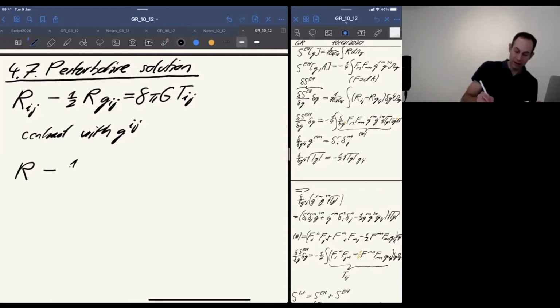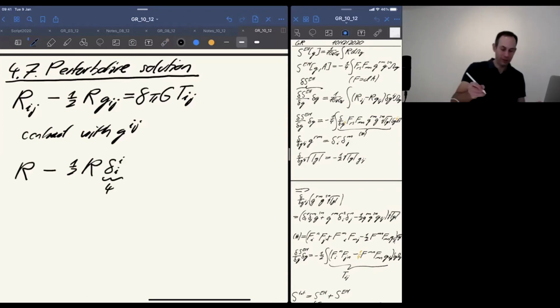And on the right-hand side, we have the contraction of the metric with itself, which essentially just gives δ^i_i, and δ^i_i is just 4. The metric multiplied with its inverse gives the identity, and the identity is the delta symbol. Okay, so we have this expression.